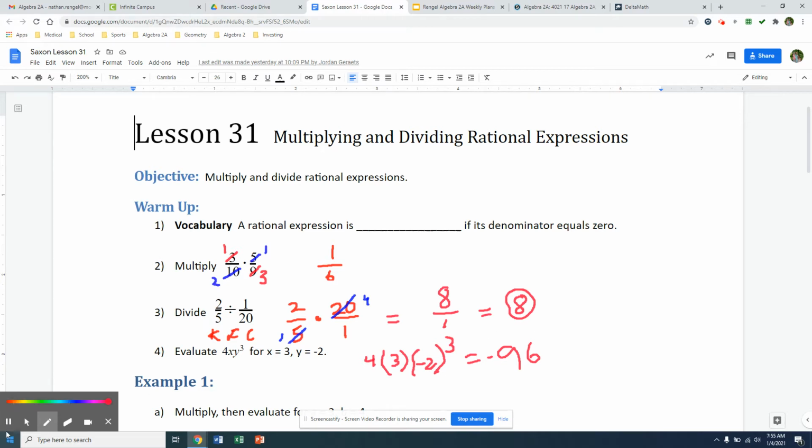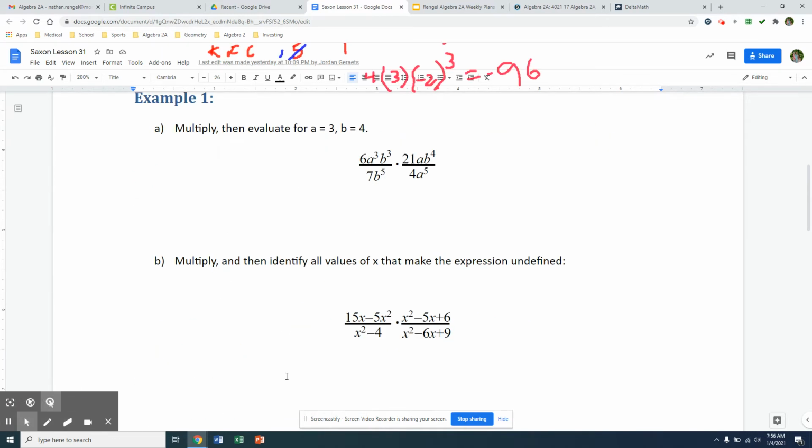Okay, now we're going to start multiplying rational expressions, which are going to be fractions that have polynomials. So looking at example 1, we are going to multiply and then evaluate for a is 3, b is 4. Now it might be tempting to just take the 3 and the 4 and put them in right away, but we are going to look to use our simplifying techniques before we start to do that. So first, start with the numbers.